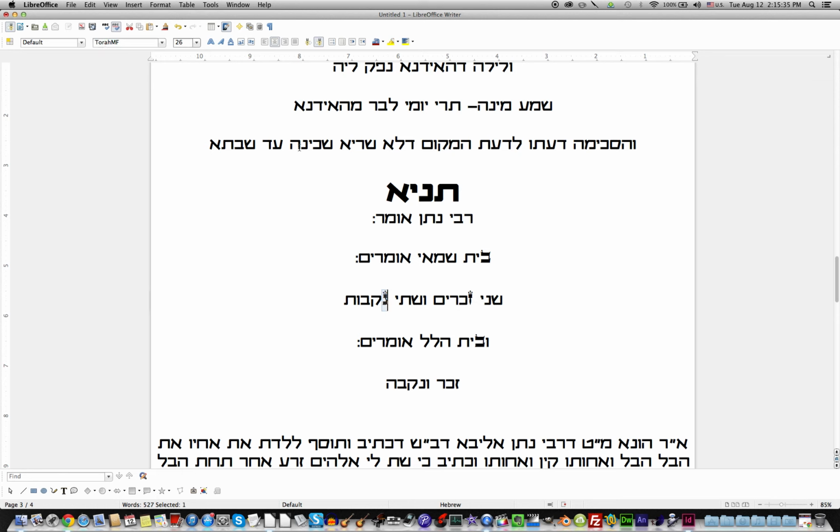Is it significant, the word shnei and shtei? There's a difference between them. I think that one means they're identical and one means, I don't know. In the Vilna Gaon. Okay.